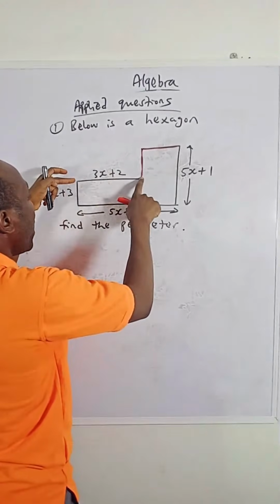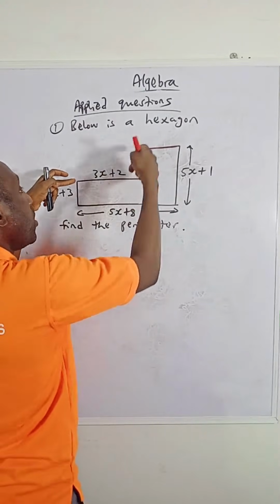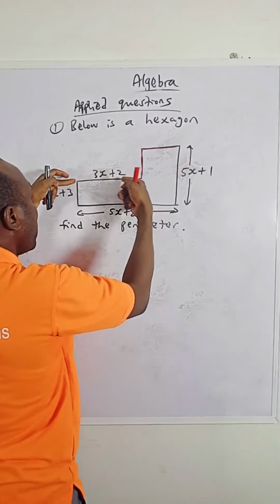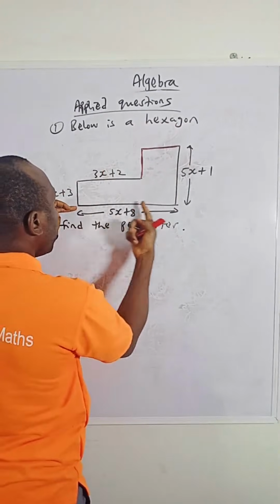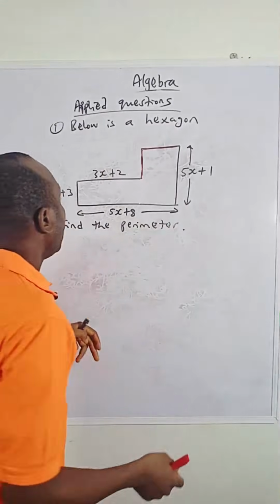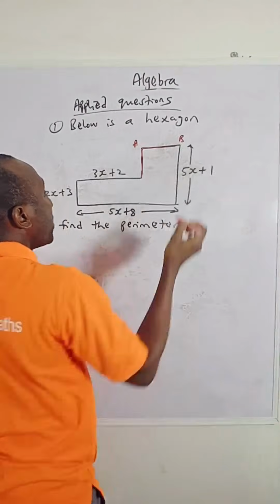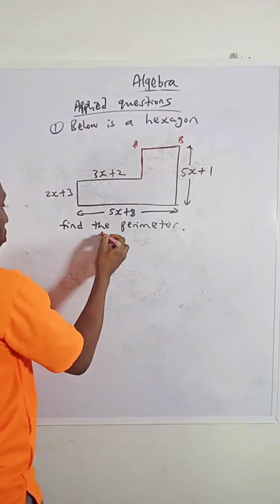But from here to here is what? 3x plus 2. So for us to get from here to here, this to this and from here to here add up to give you what you have at the base. So we can simply say, let me call this AB, just for ease of identification. I can say AB, solution here.